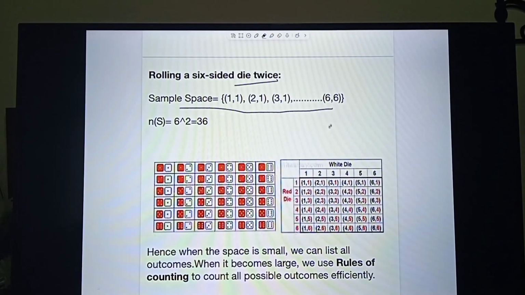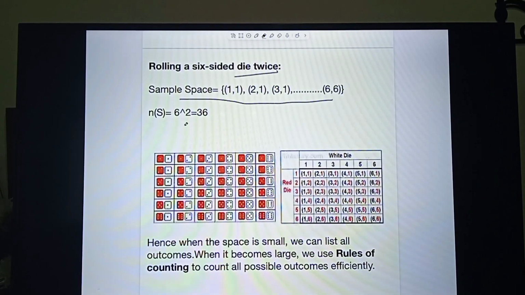That is, we are getting 36 pairs, because we have 6 faces of each die, and when you throw it or roll it twice, you are getting 36, because 6 cross 6 is equal to 36.